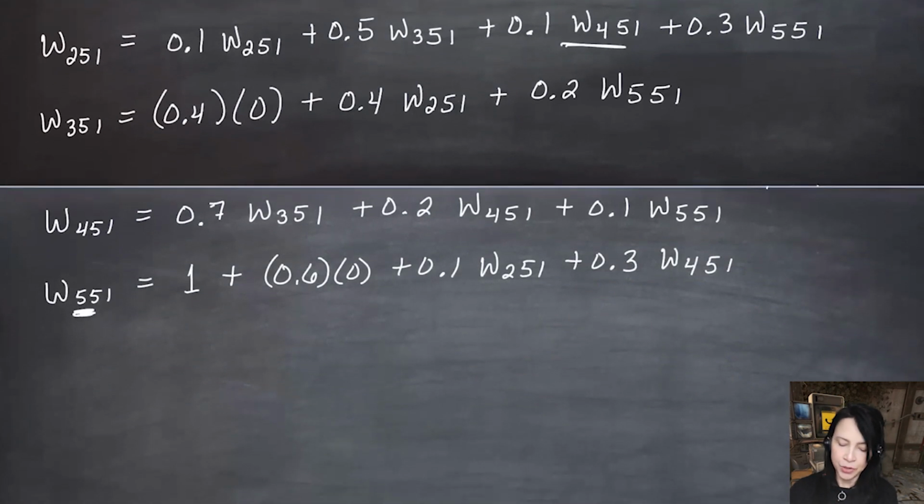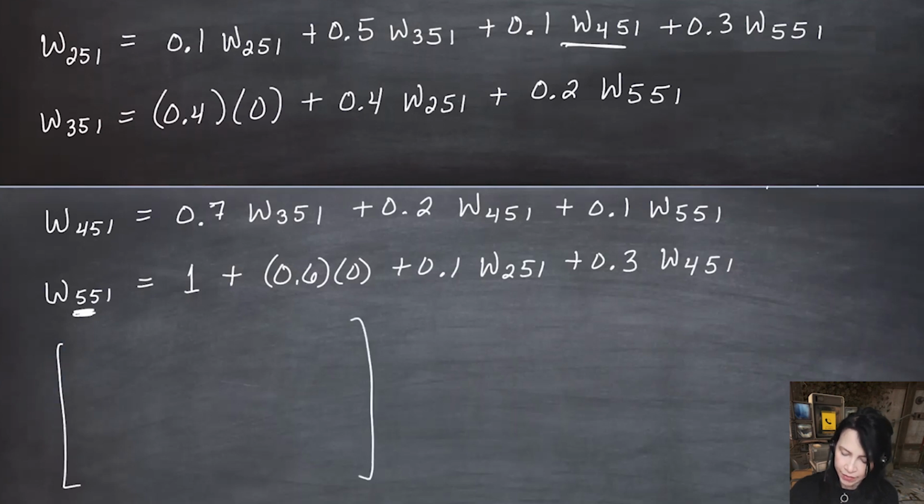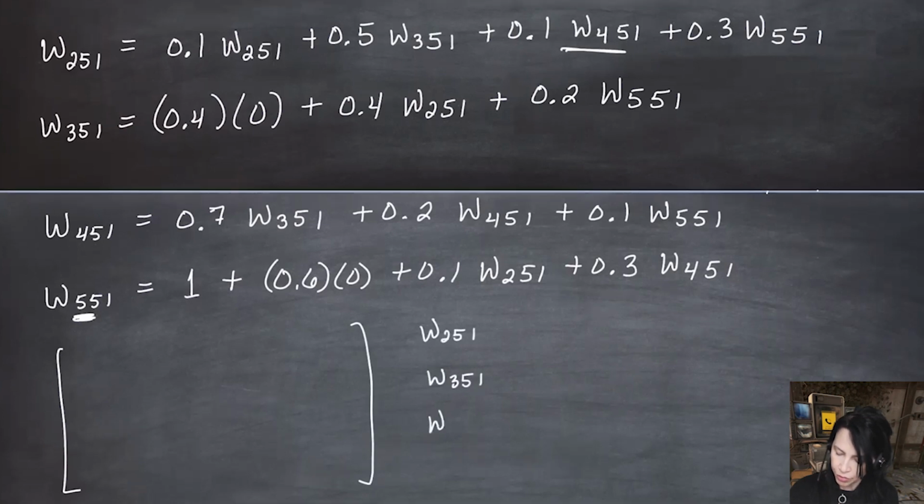I did my usual thing of making it into a matrix vector system. Here, I'll write this up really quickly, just in case people are having trouble with this. So I've got a vector W251, W351, W451, and W551.